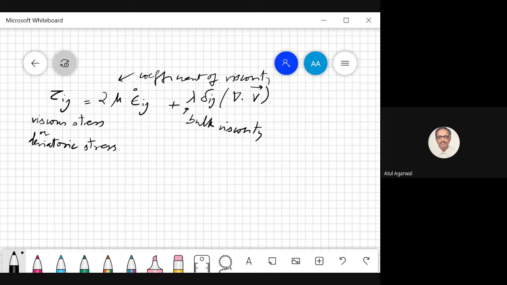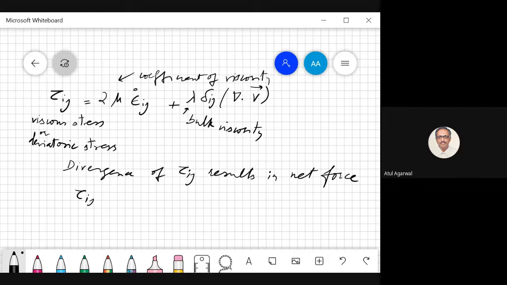Now I had also told you that divergence of stress results in net force. So divergence of stress is tau ij comma j. This is known as divergence of your stress tensor.